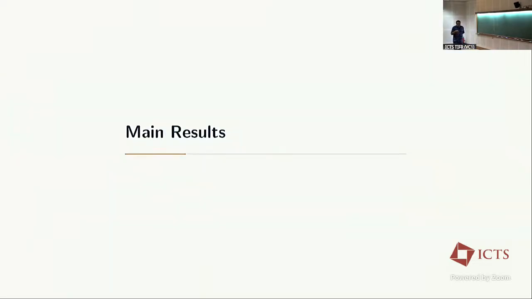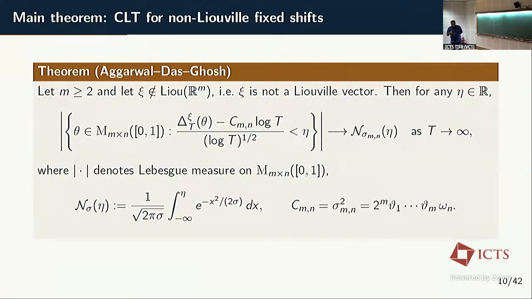So here's the first result of today. Let's walk through it slowly. Remember that the setup is, I'm going to consider those inequalities that we saw, but I'm going to fix the shift, which is a non-Liouville vector. So this is the complement of the zero Hausdorff dimension set. Then I'm going to take the counting function that Wolfgang Schmidt studied.